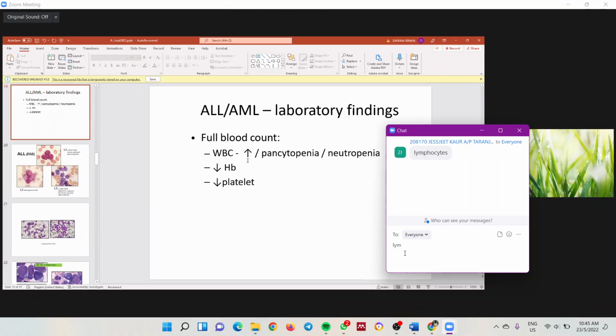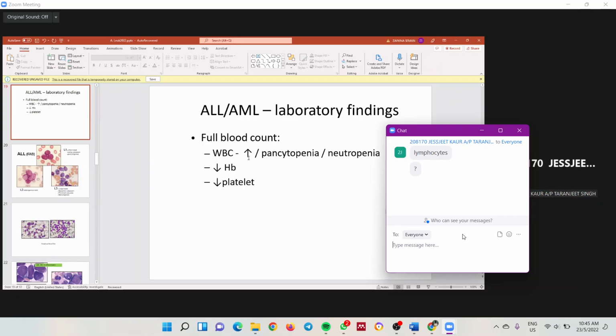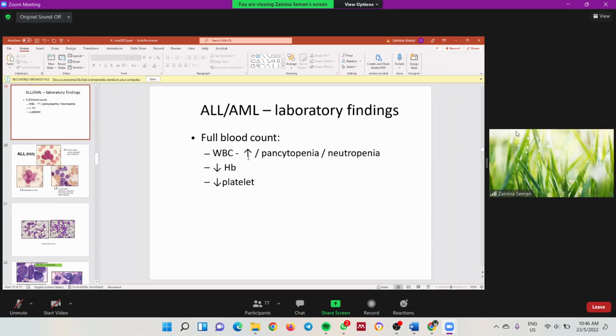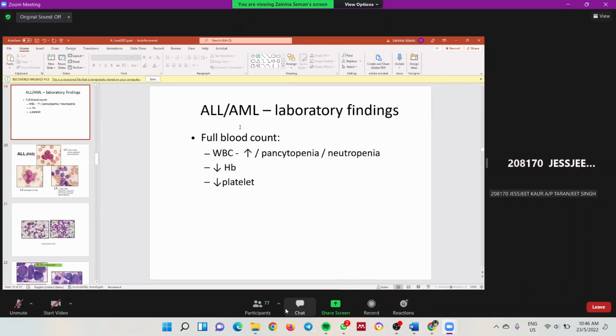Yes, it is uncontrolled production. So this arrow going up, what is it? What cell is here? Doctor, is it the lymphocyte? The lymphocyte, mature or immature? Immature. Yes, you are right.